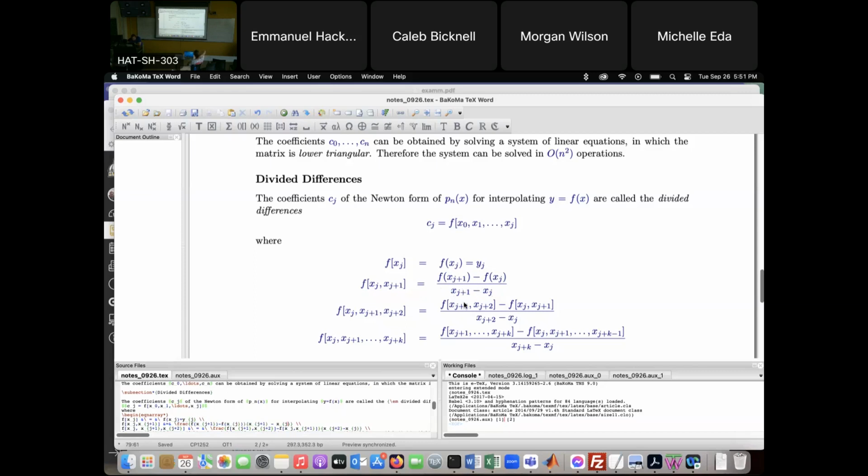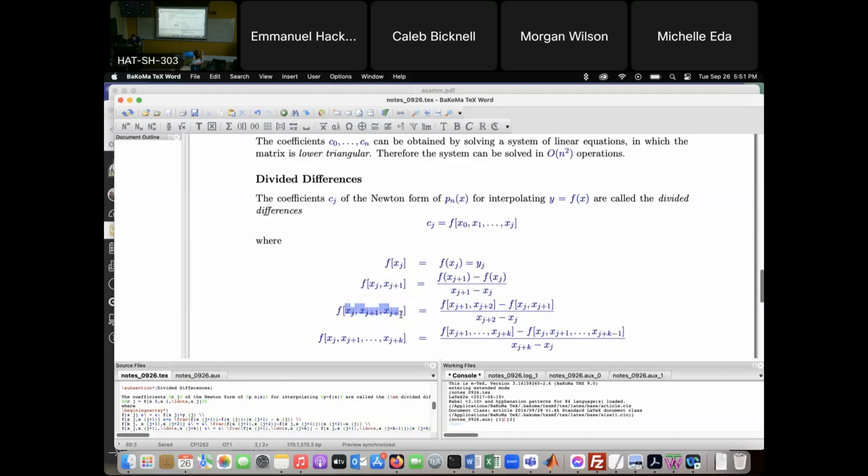Now I go to the next, a second order divided difference that has three x values listed here. And watch what happens when I show you how it's computed over here. The three x values I have listed are xj, xj plus 1, xj plus 2. Here I have two of those values, xj plus 1, xj plus 2. And over here I have f with the other two x values, xj, xj plus 1. Then this difference is divided by the difference of two x values.